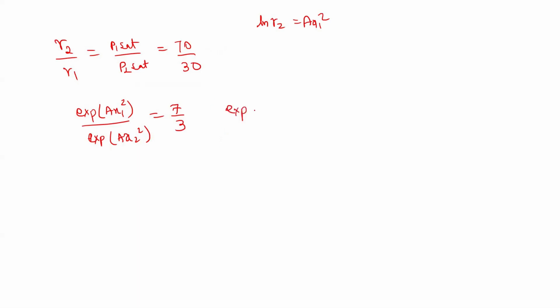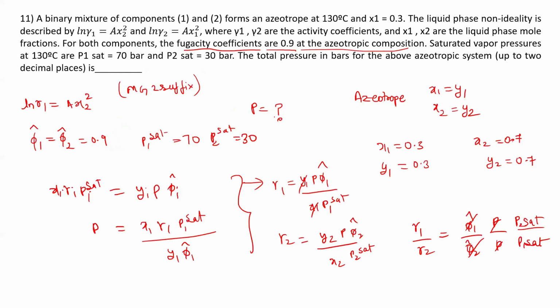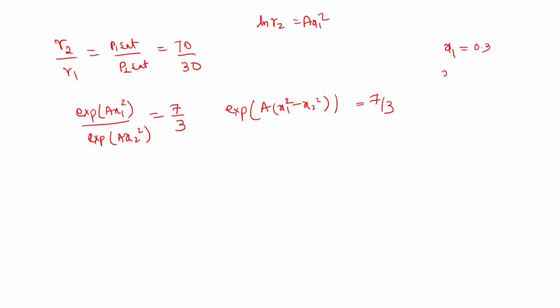Therefore, exponential of A times (x1 square minus x2 square) equals 7 by 3. I already know x1 is 0.3 and x2 is 0.7. On substituting and solving this, we get A equals minus 2.1182. So I have A now.